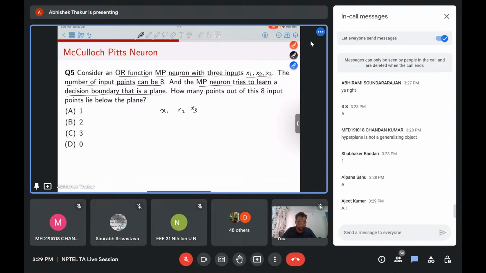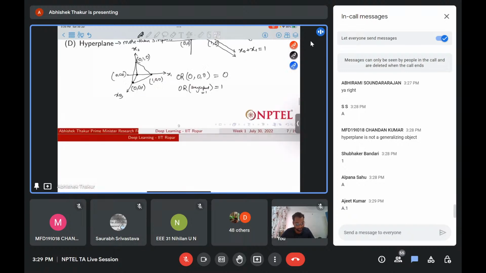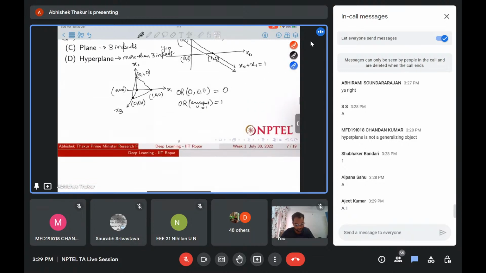So how many points out of these 8 points lie below the plane? We have already seen in the previous question that only 000 will lie below the plane containing all these 3 points, that is 001, 100, 010.